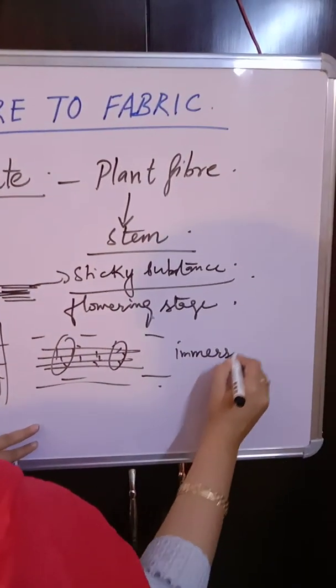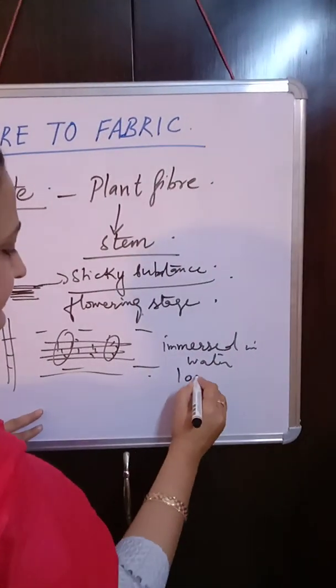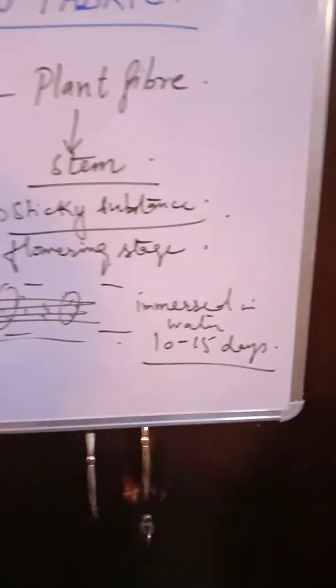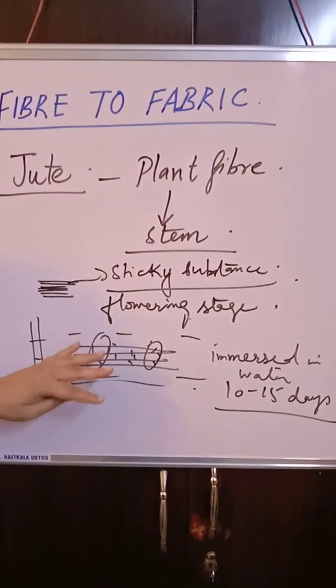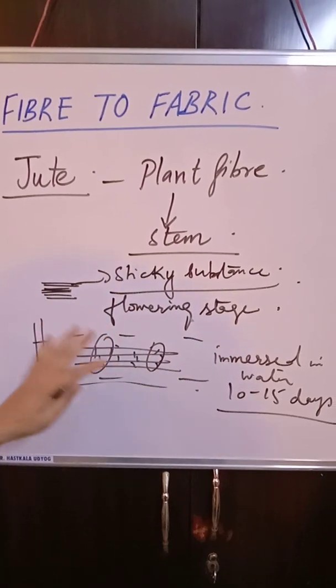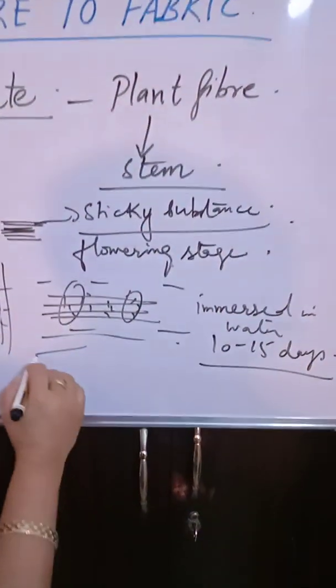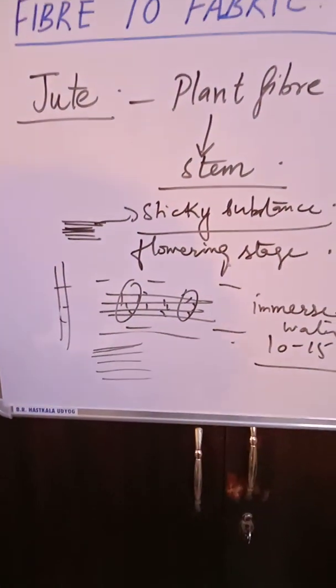Soaked in water for 10 to 15 days. This is how the sticky substance that was present initially is dissolved in water, and we are able to obtain fine fibers of the jute from its stem.